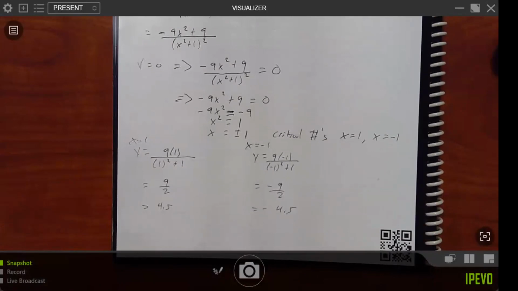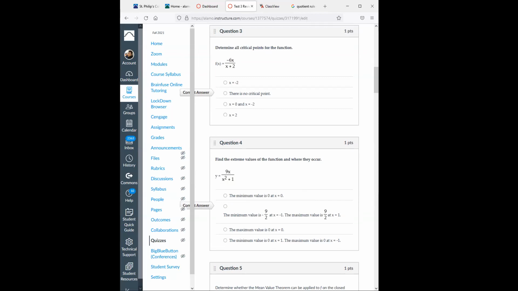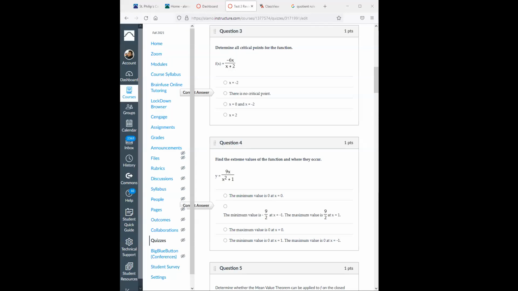Now let's look at the question again. What did they want? They want the extreme values of the function and where they occur. So negative 1, negative 9/2, so we got right. And 1, 9/2, yeah. So if you write them as a point, this would be 1, 9/2. This would be negative 1, -9/2.